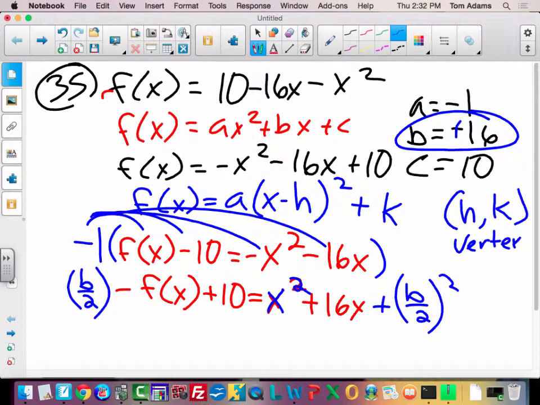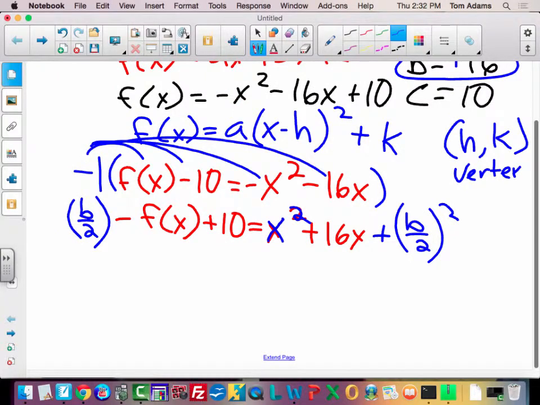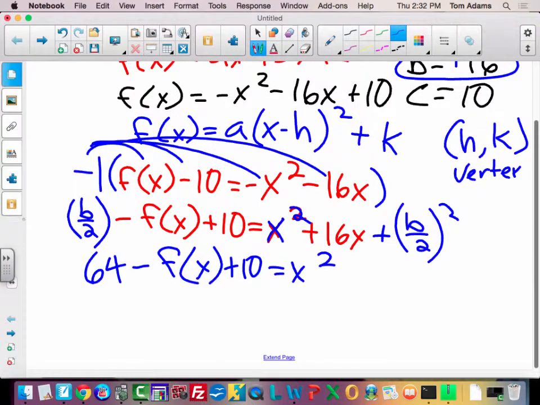So 16 divided by 2 is 8, and 8 squared is 64. Minus f of x plus 10 is equal to x squared plus 16x plus 64. Does that make sense? Okay, cool.